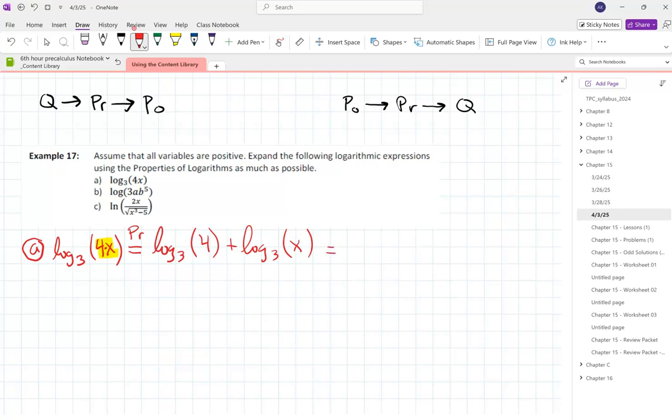The next thing I'm going to do is look inside each of my logarithms now. I'm going to look for power properties. Do we see any exponents inside the logarithms? Now look carefully because there's one hiding. Where is there a power of 2? Yeah, because 4 is really 2 squared, right?